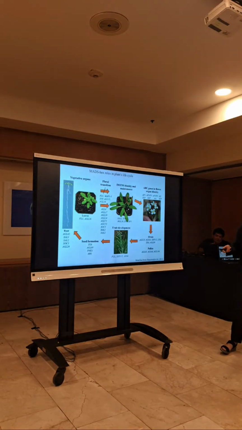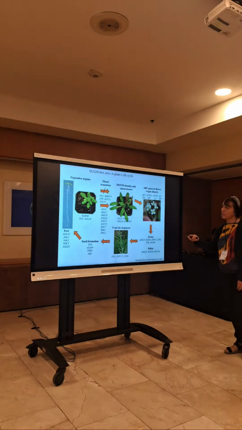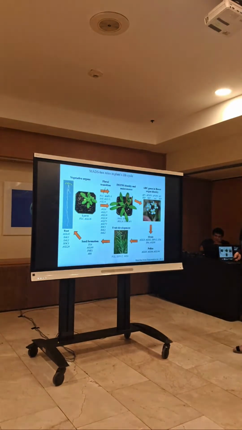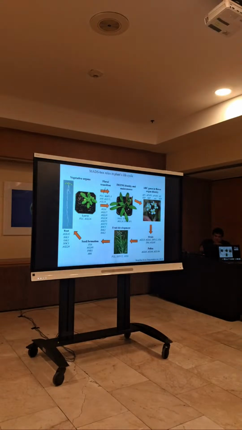I'm going to focus on the first stages: root development, flowering transition, and the meristem identity and maintenance, both in root and in shoot.